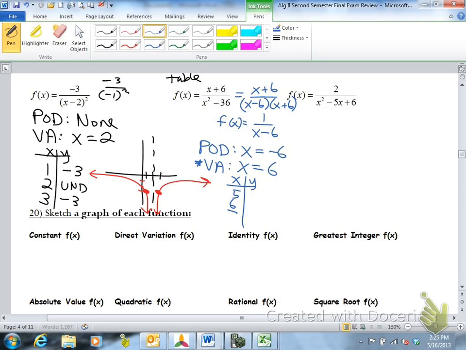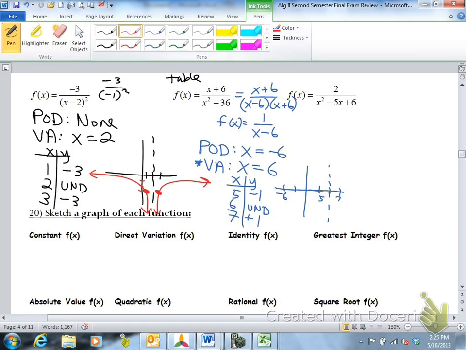You have 5, 6, 7. When you plug 5 in, you would get -1. When you plug 7 in, you get +1. And 6 is undefined. So your graph would be 5, 6, 7. I'll say -6 right there.